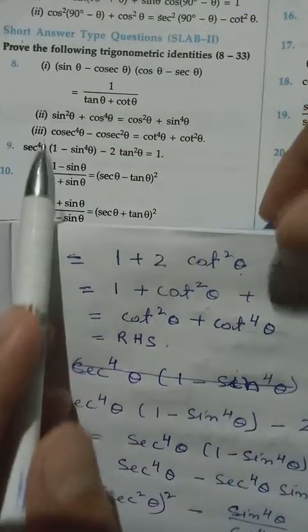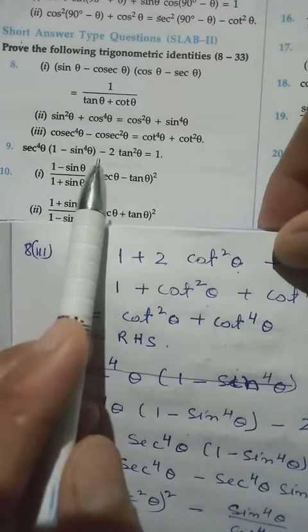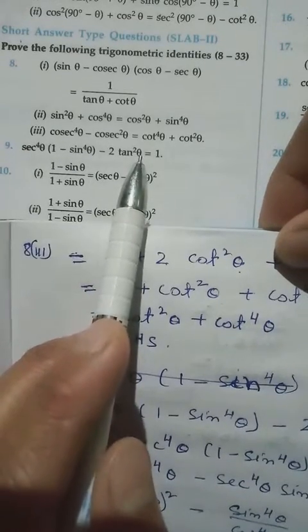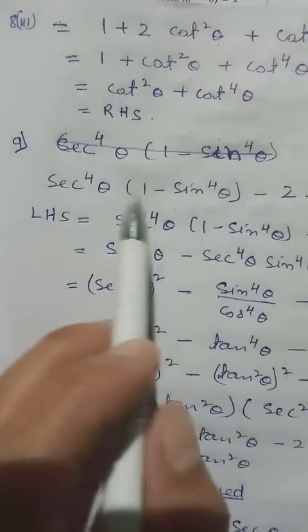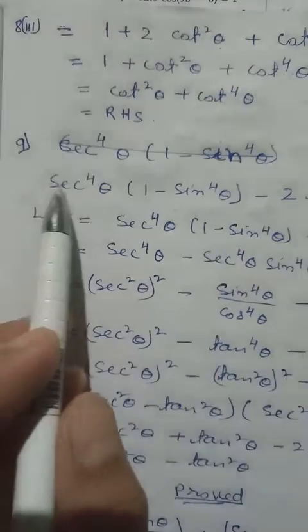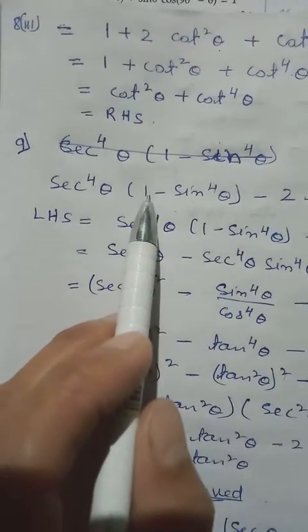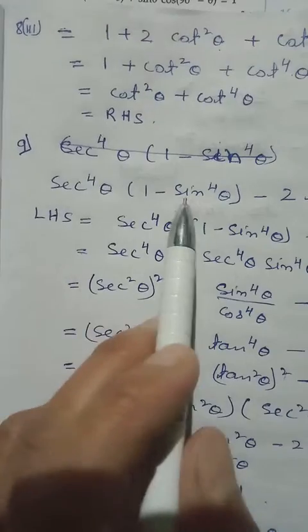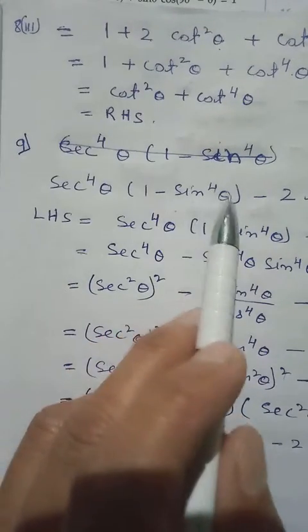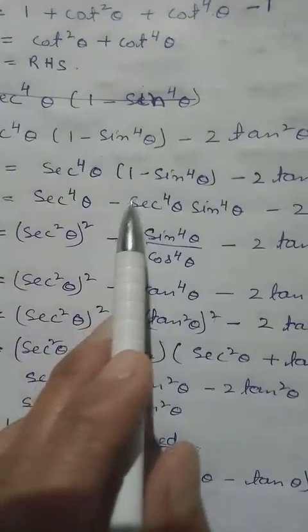We have sec 4 theta, 1 minus sine 4 theta minus 2 tan square theta. We have to show that it is equal to 1. Let's multiply here. Sec 4 theta into 1 will be sec 4 theta. Sec power 4 theta into sine power 4 theta, since both are different, we'll write them both.